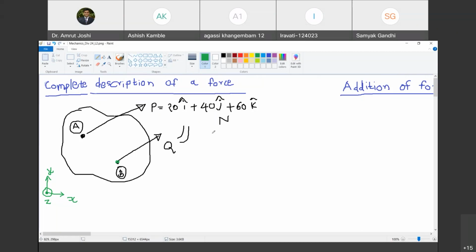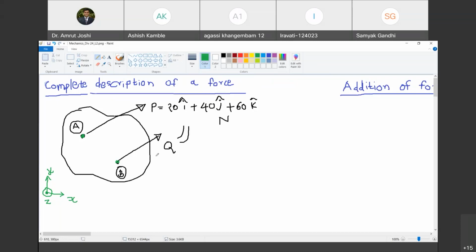Are their effects on all points of the body different? Are you with me? Yes. And why are the effects different? Because simple example, because of this force P, a pull will be experienced at point A of the body, whereas all other points will not experience any pull.